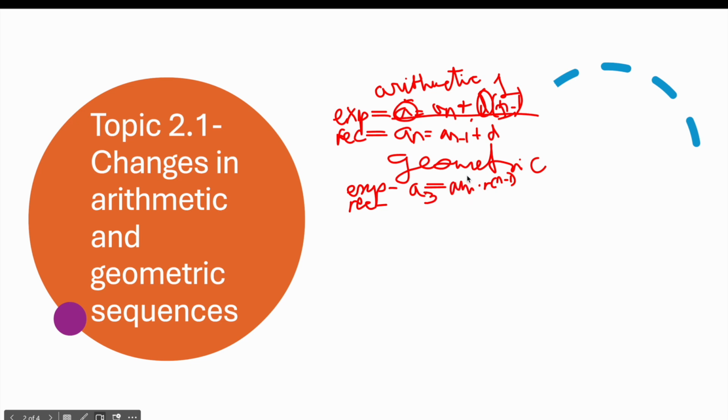Then whatever this number is, let's say it's 10, then we would multiply by the common ratio. Let's say in this case it was 2 to the n minus 1. So our n is actually our 3. So 2 to the 3 minus 1 is just 2 squared. So it would be 10 times 2 squared. That would give you 40.